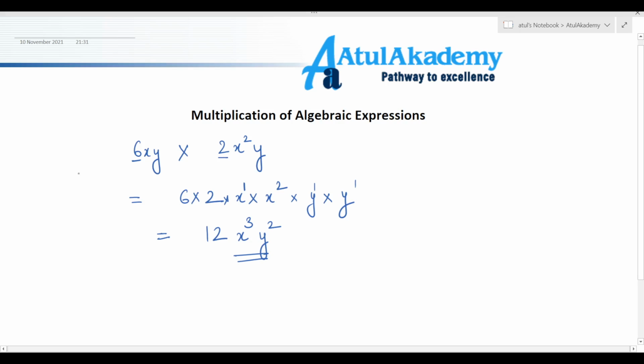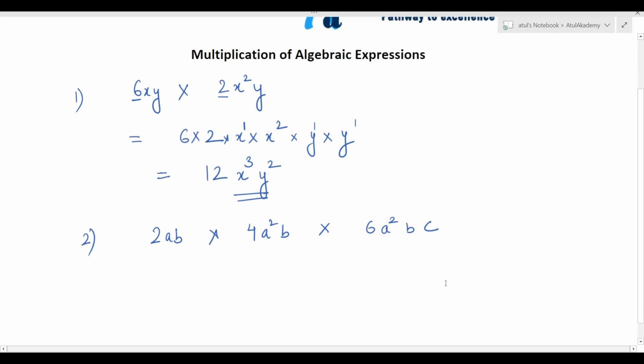Let us take an example in which I have three monomials: 2ab multiplied by 4a square b multiplied by 6a square bc. So let us see how we will multiply. 2 into 4 into 6 multiplied by a into a square into a square, multiplied by b into b, and then c is only 1.